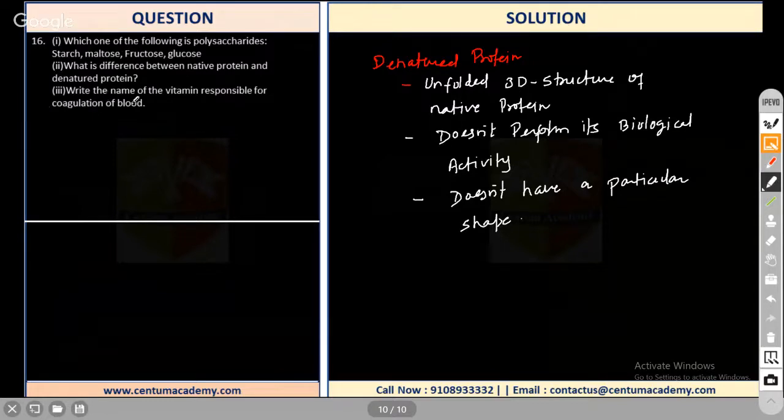Write the name of the vitamin responsible for the coagulation of blood. What is that vitamin? Yeah, correct.